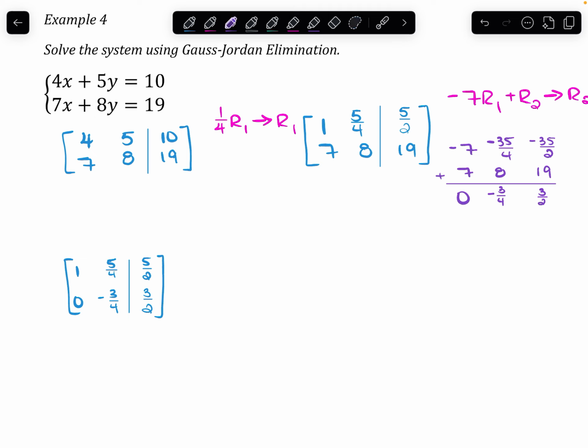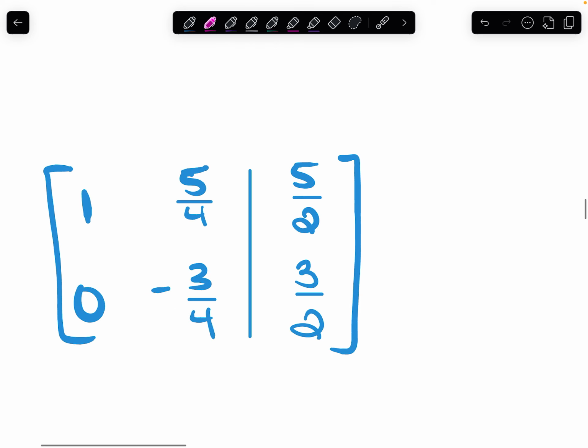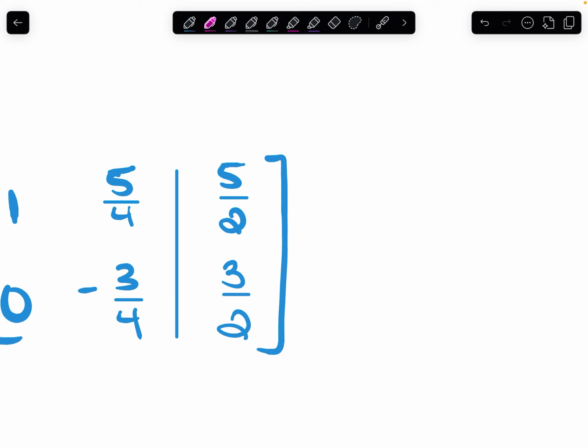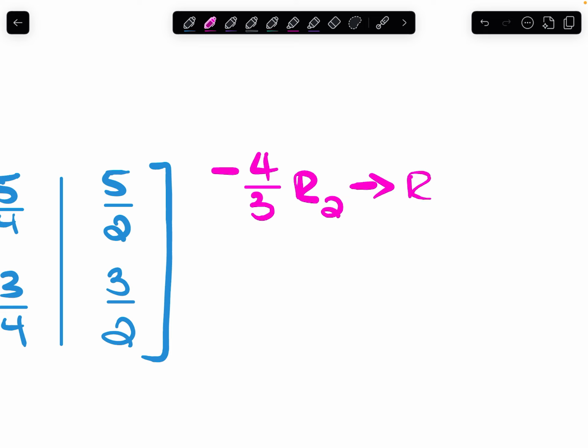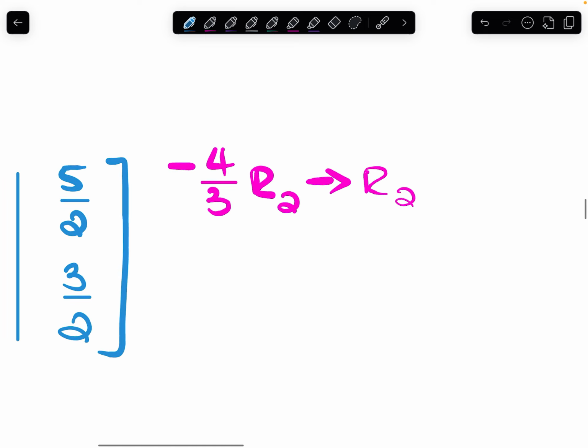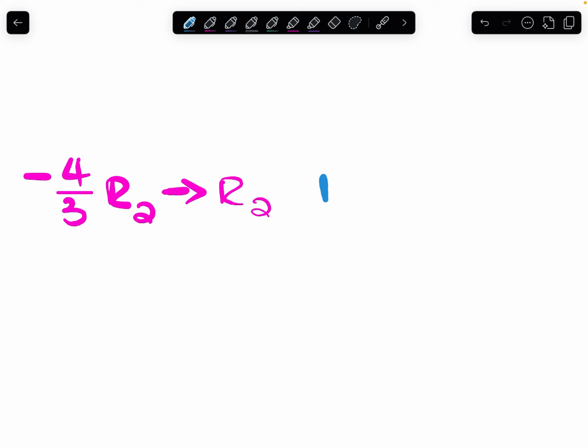So third row operation is to multiply row 2 by the reciprocal of what we are trying to turn into a 1. So that's going to be the number sitting next to the 0. The reciprocal of -3/4, flip it, -4/3. So we're multiplying row 2 by -4/3, and that is going to replace our row 2. So row 1 is untouched. 1, 5/4, 5/2.